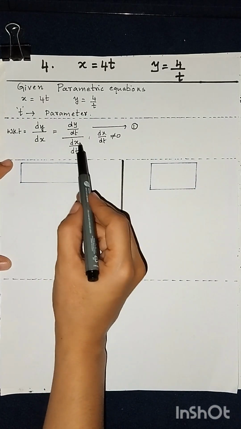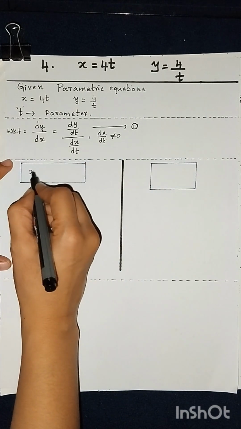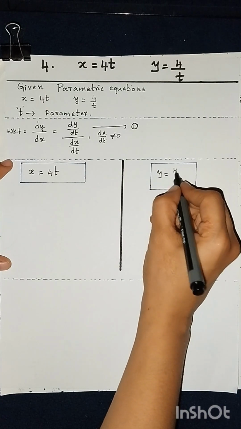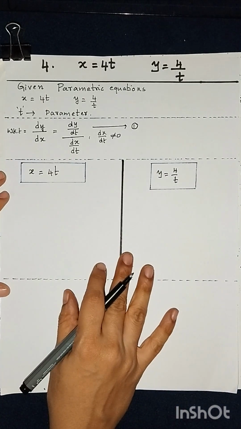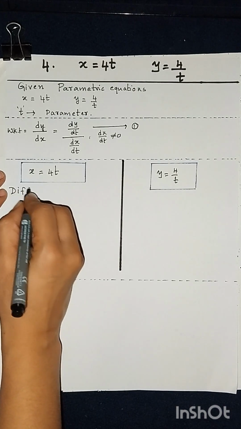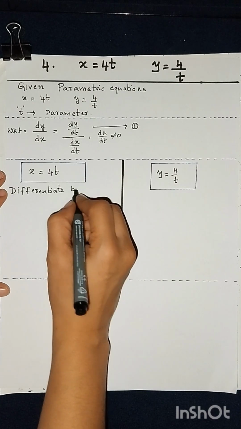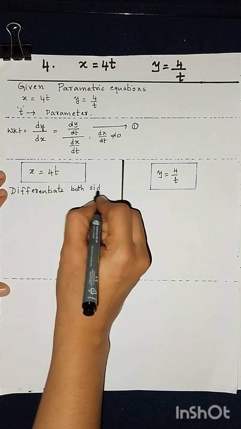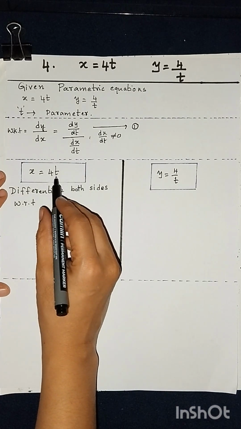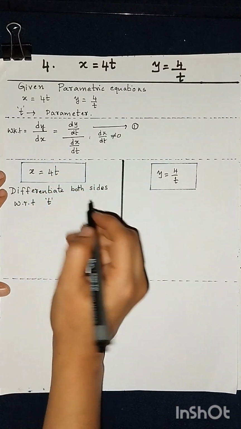We want dy by dt and dx by dt, which we will get from these two parametric equations. So we will write x is equal to 4t and y is equal to 4 by t. We want dx by dt, so we have to differentiate both sides with respect to t, which is the independent variable and the parameter here.